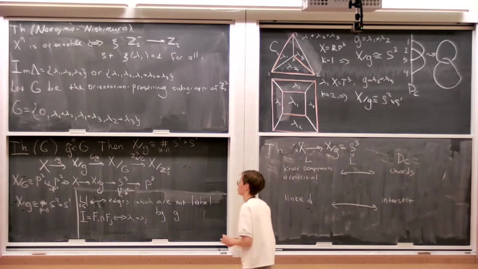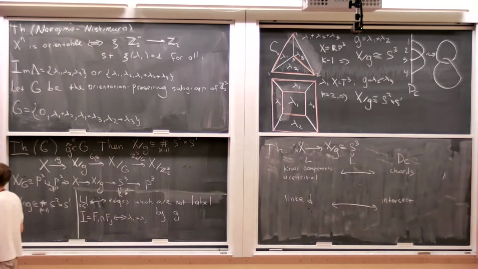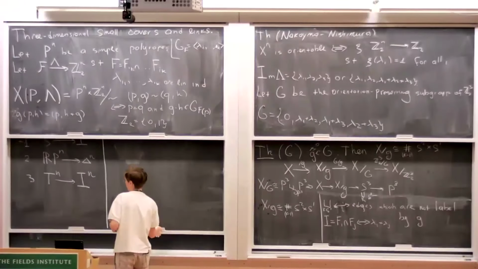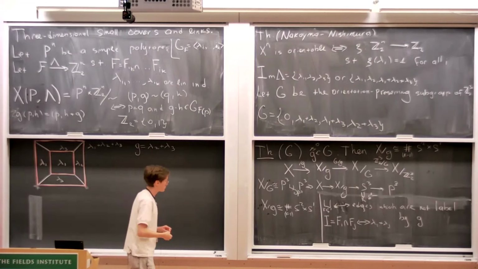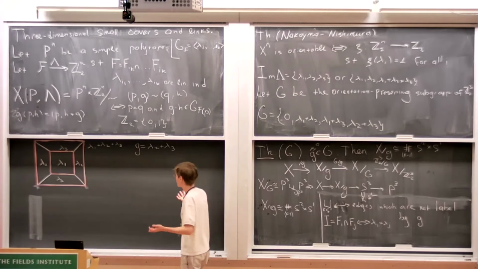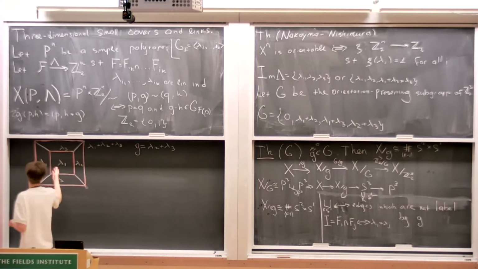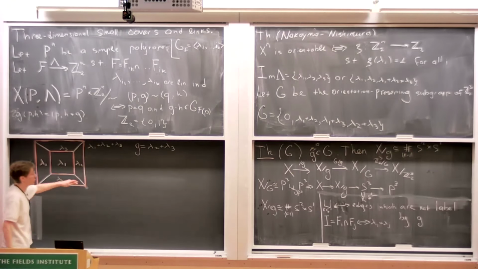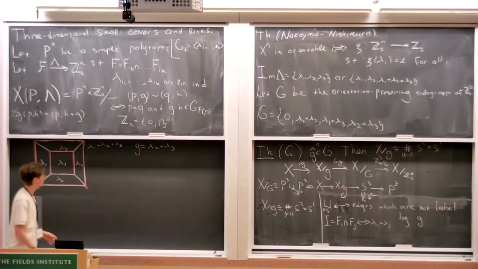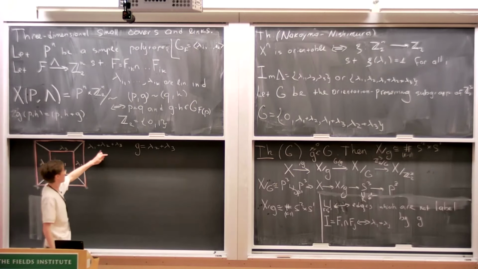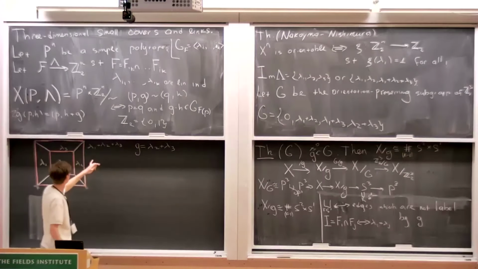And I have 4 more minutes. So now let's see other examples. For example, consider again a cube, but now we take a different characteristic function on it. Here it is lambda1 plus lambda2 plus lambda3 instead of lambda3.